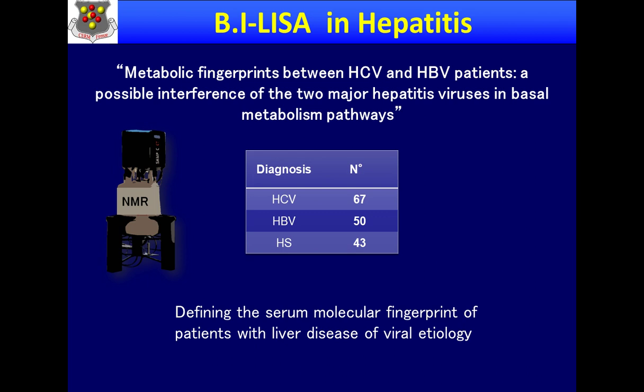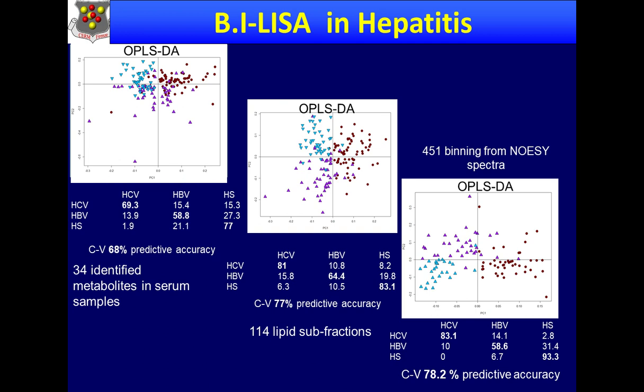And this is discrimination between hepatitis C from hepatitis B. This was not dictated by diagnosis, but just by the scientific curiosity to see whether this could be discriminated and also discriminated from healthy subjects. And the result is that if you look at the first panel on the left, this is what you get from the 34 metabolites that have been identified in CERMMP.